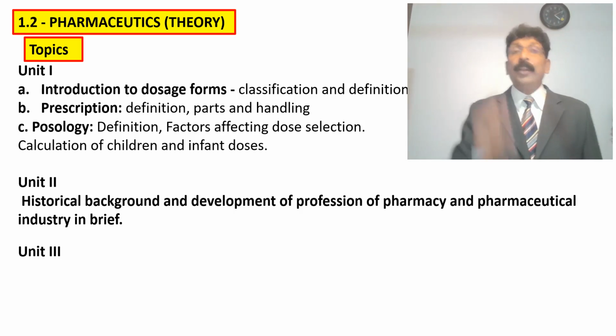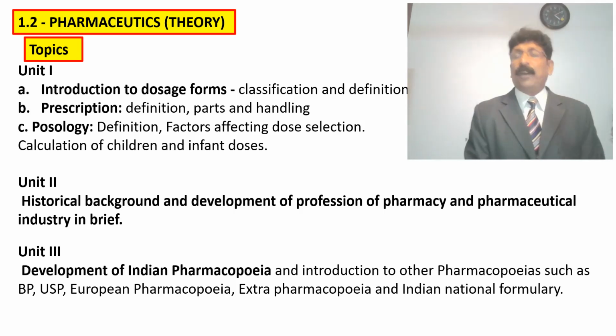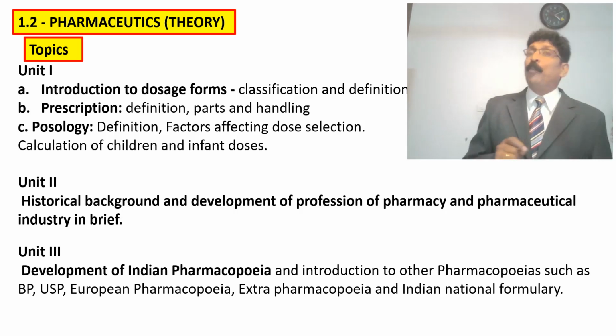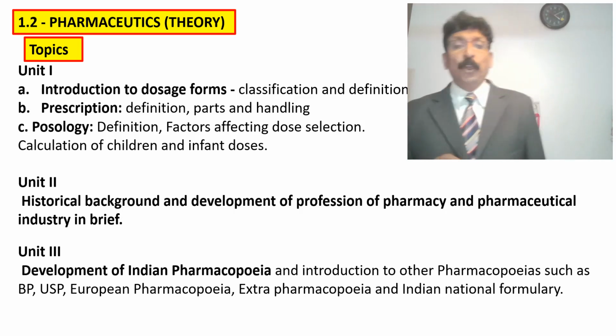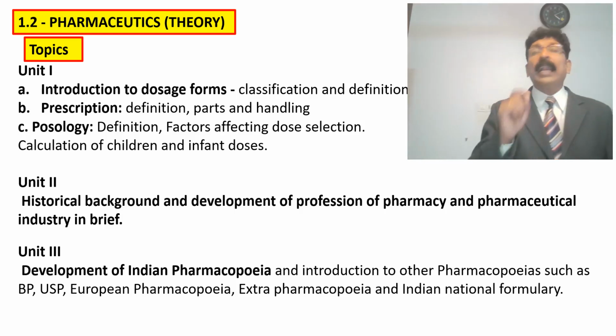And unit 3, development of Indian pharmacopoeia and introduction to other pharmacopoeias such as British Pharmacopoeia BP, United States Pharmacopoeia USP, European Pharmacopoeia, and extra pharmacopoeia like Martindale and Indian National Formulary.